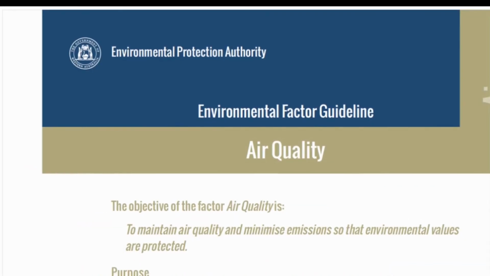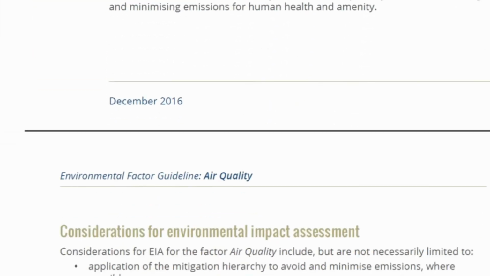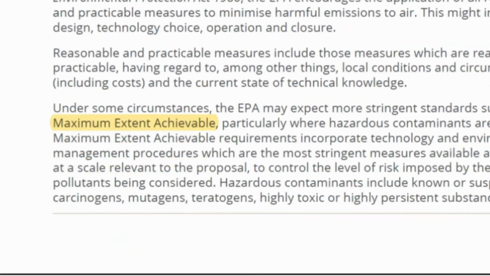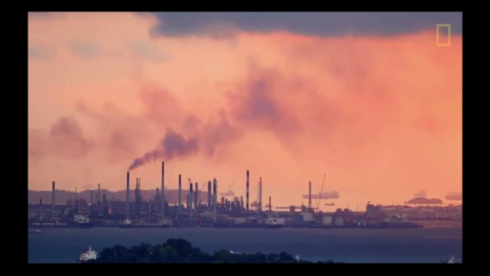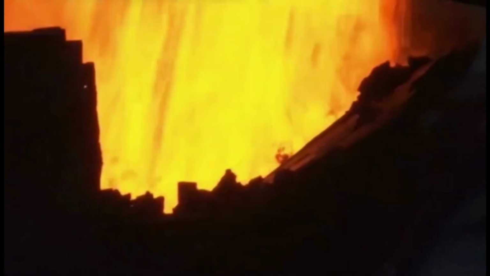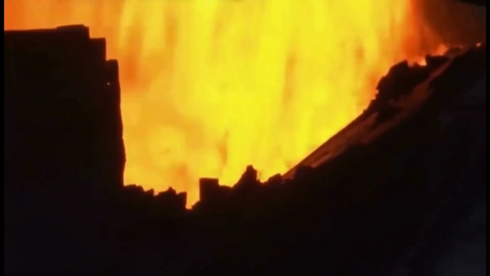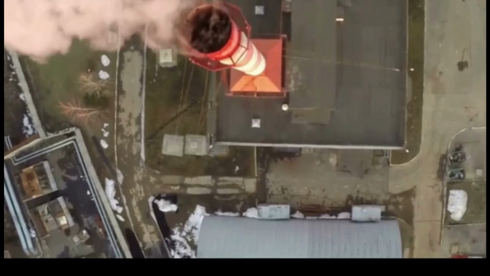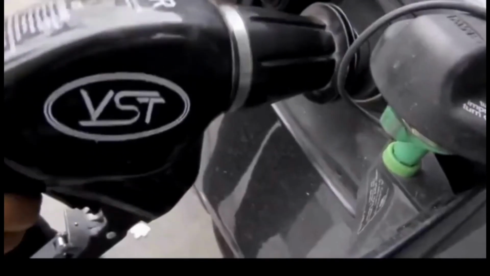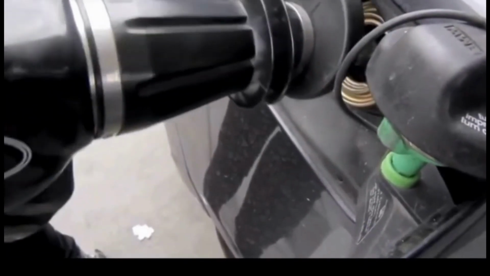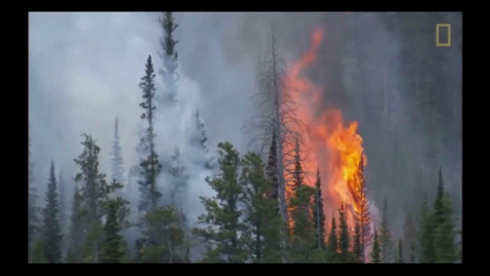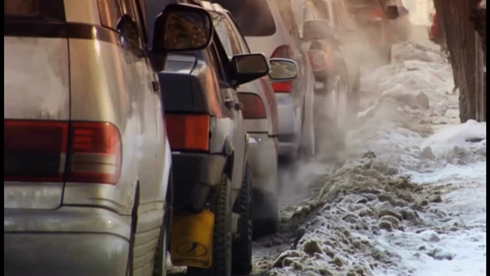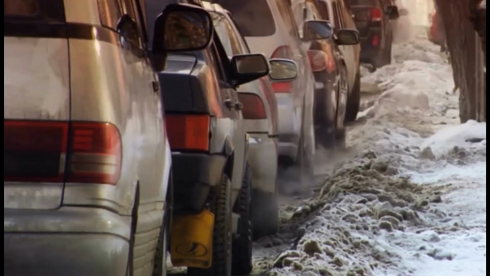Under some situations, EIA for air quality in Western Australia may have standards, such as maximum extent achievable, particularly where hazardous contaminants are involved. Maximum extent achievable requirements incorporate technology and environmental management procedures, which are the most stringent measures available and achievable, at a scale relevant to the proposal to control the level of risk imposed by the hazardous pollutant being considered.